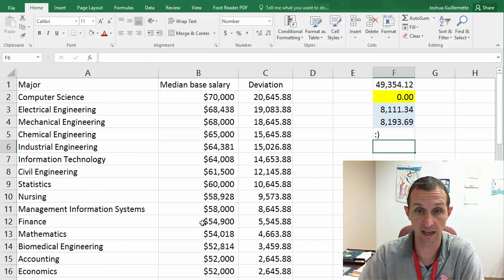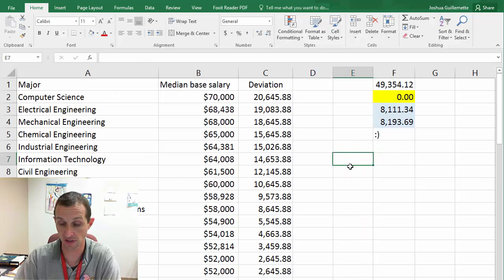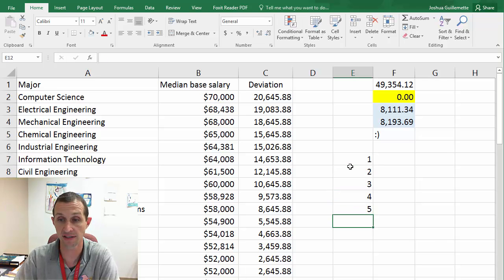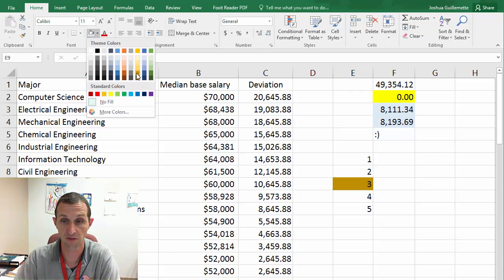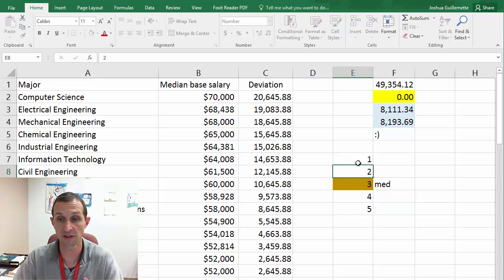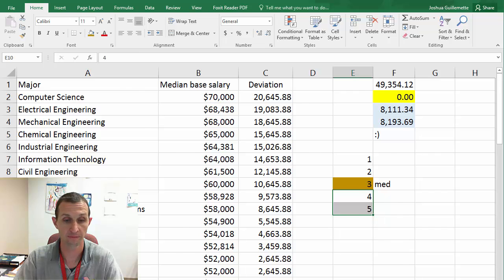And so, for example, if you just have 1, 2, 3, 4, 5, this is an odd set of data. Let's pick a fun color, right? 3 is your median. And the reason 3 is your median is because this is the same size as this. Okay? So you've made it two equal parts.